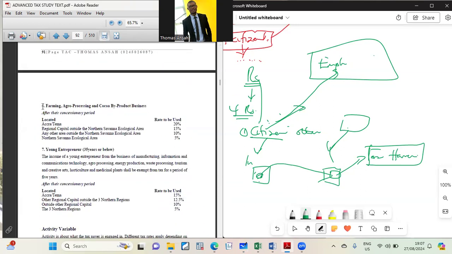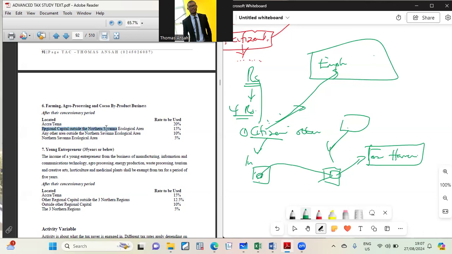Then if you are an agro processing company or in a farming business, these are your location advantages. If you are in Accra Tema, you pay 20%. This is farming and agro processing, but manufacturing is 25%. But in this one, Accra Tema is 20%.